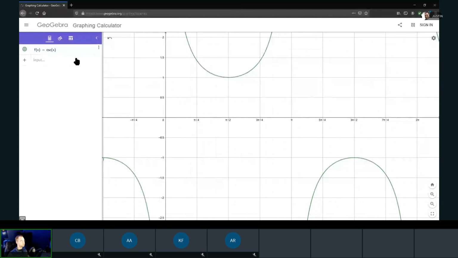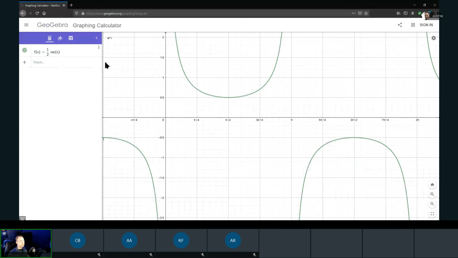Cosecant of x looks like this. Here's the midline. Amplitude is 1. Antonio, what was the amplitude of this? Half. 1/2. Okay, thank you.